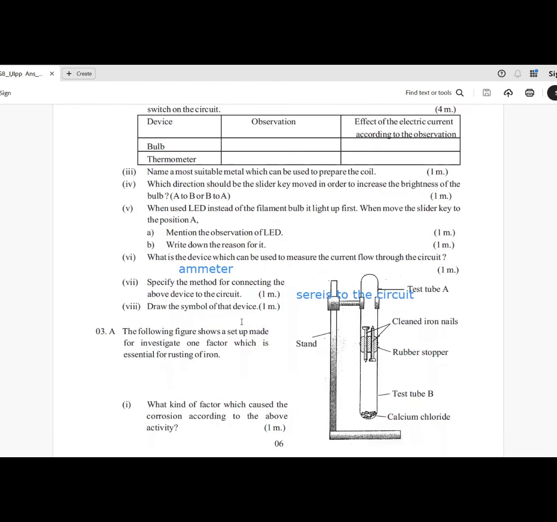Draw the symbol of that device. When drawing that device, you have to draw a circle and inside that you have to write capital A. And then you have to show the connecting wires.